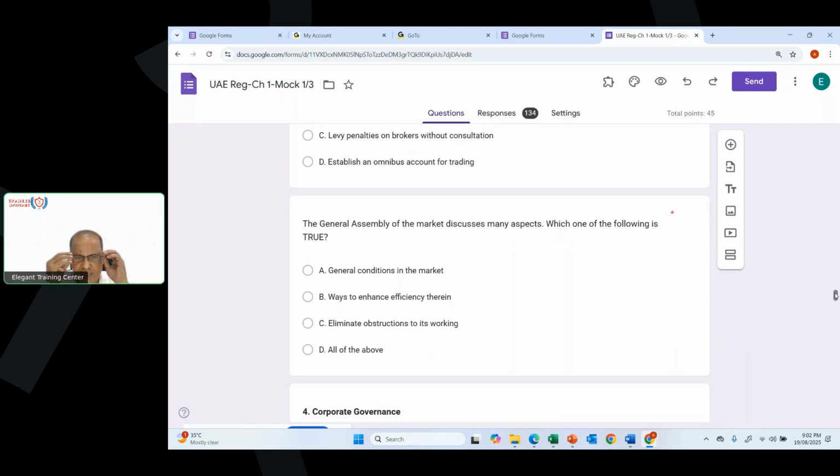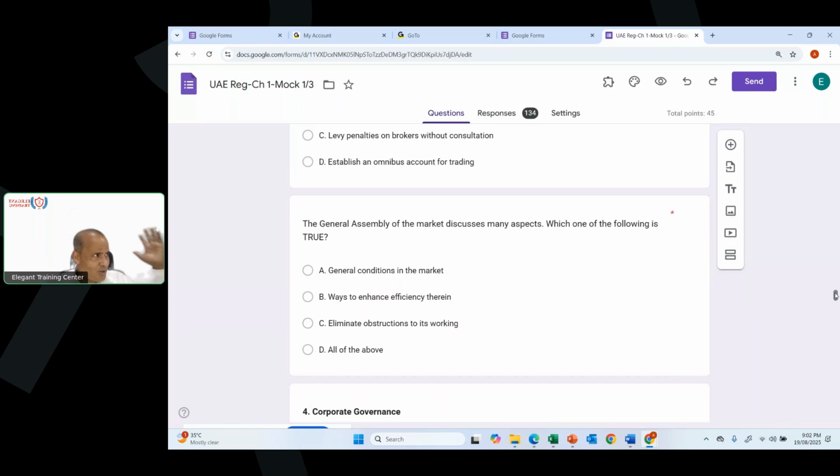So the general assembly meeting of the market is attended by the members who have paid the fees. Which fees? License fees. Members have to pay license fees to the market. So when DFM holds a meeting of the members, those who have paid the fees are welcome to attend.